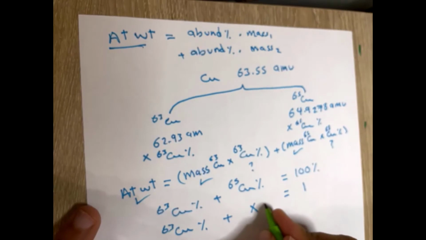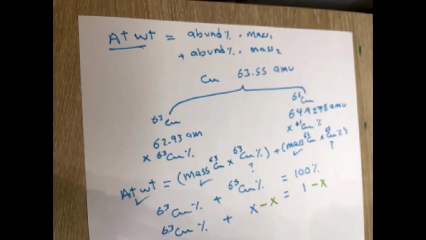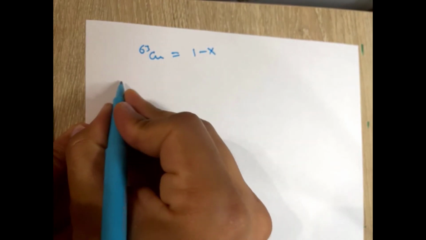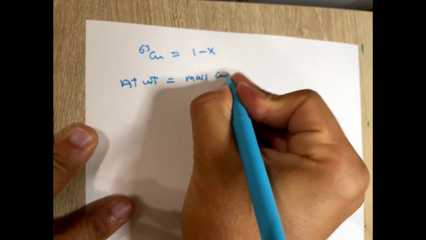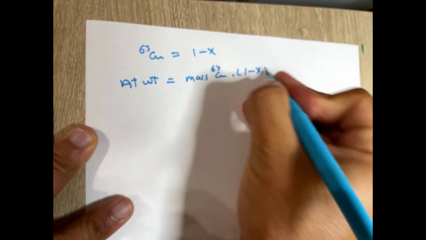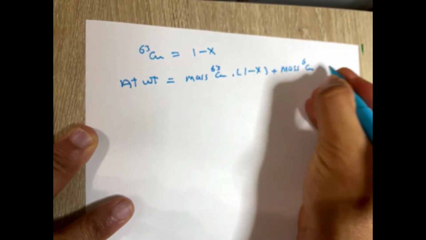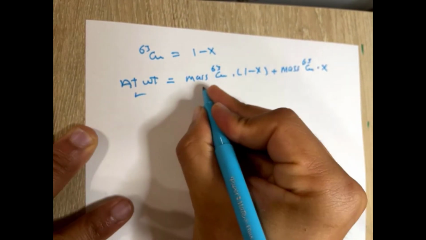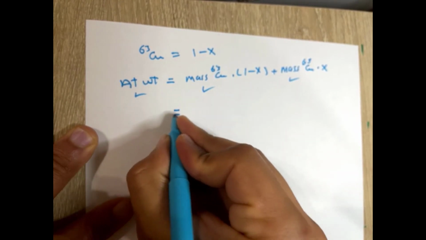If you subtract x from both sides of the equation, that will give you that the abundance of isotope 63 equals 1 minus x. So the atomic weight is going to equal mass of isotope 63 times the abundance of isotope 63, which is 1 minus x, plus mass of isotope 65 times the abundance of isotope 65, which is x. We know this, this, and this, and now we have an equation in one variable, which is x. So we will rearrange to solve for x.